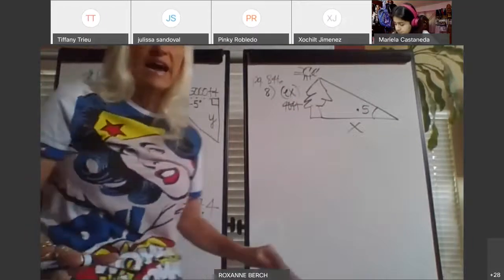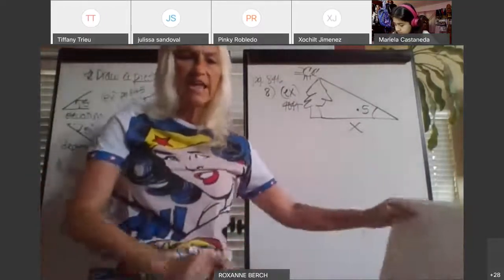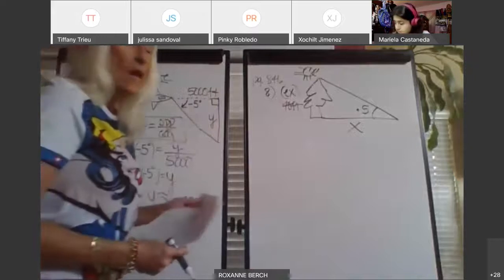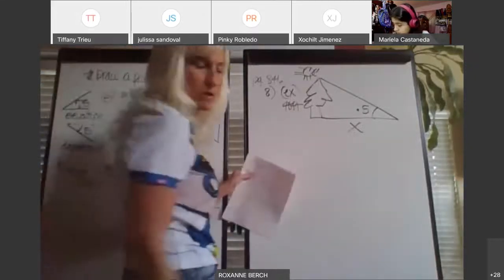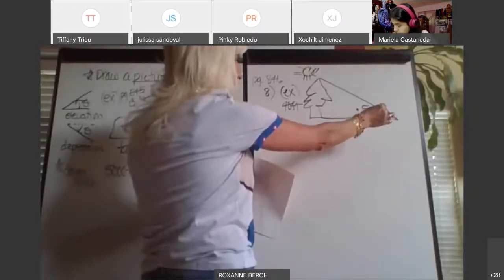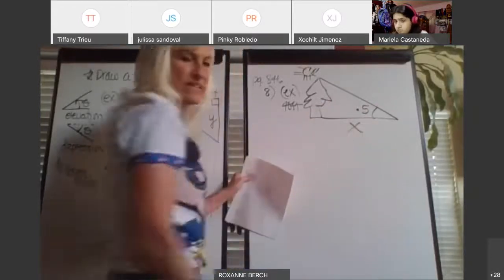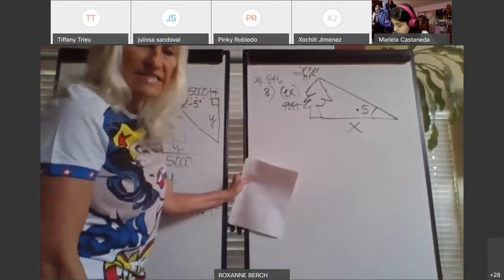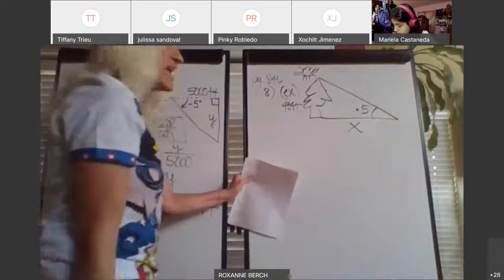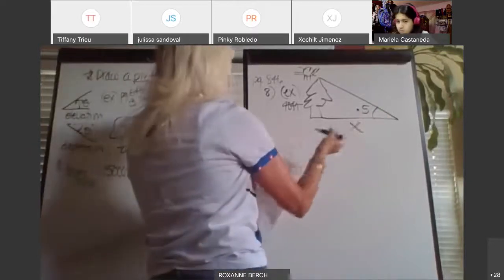Okay, so now we decide, is this sine, cosine, or tangent? I don't know, what do you have? Put your finger on the angle. When you put your finger on the angle, you have adjacent and opposite. So what's that sound like? Does that sound like sine, cosine, or tangent? Right.